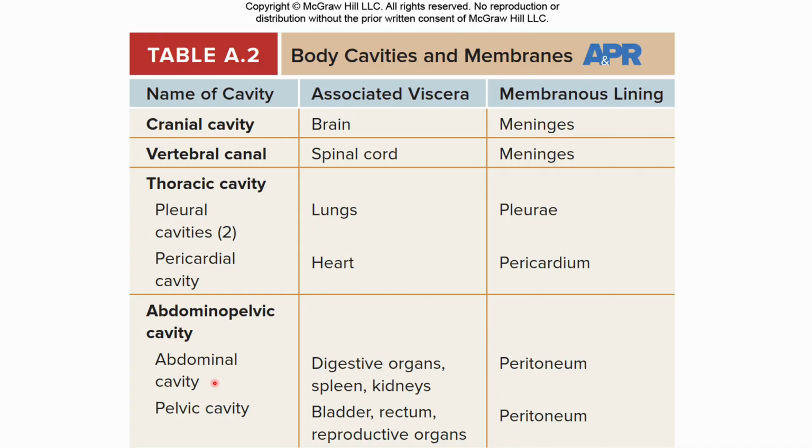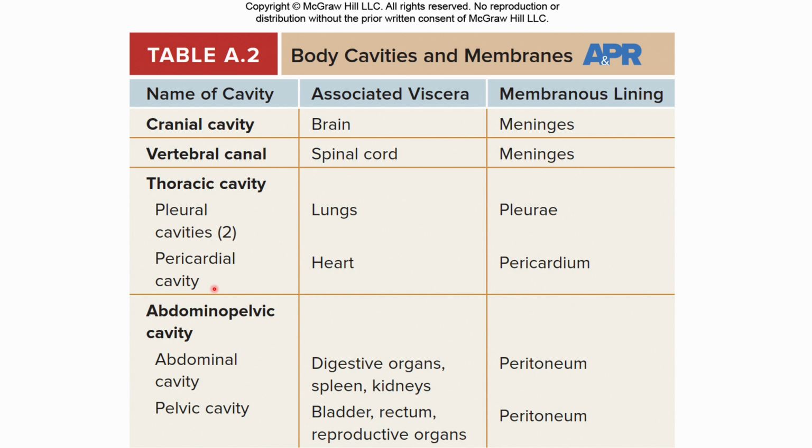So again, like I mentioned, in the cranial cavity we have the brain, and the cranial cavity is covered by a membranous lining called the meninges. In the vertebral canal we find the spinal cord, and it's also lined by the meninges. In the thoracic cavity we have the pleural cavity, where we find the lungs, and the pleural cavity is lined by pleura.